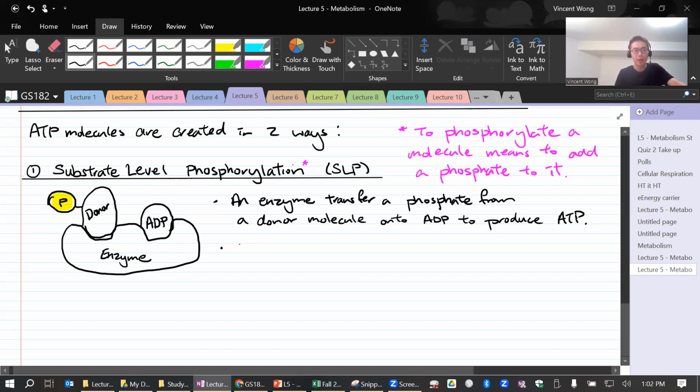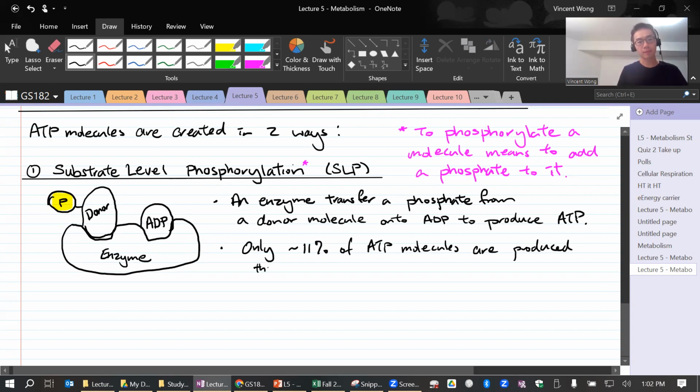This is not a popular way. I should say only about 10 to 11% of ATP molecules are produced this way.